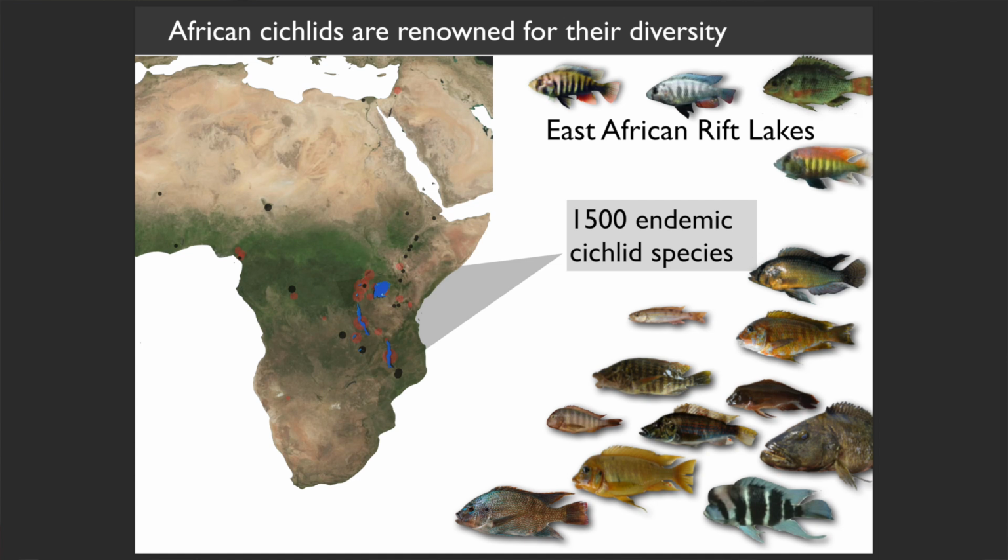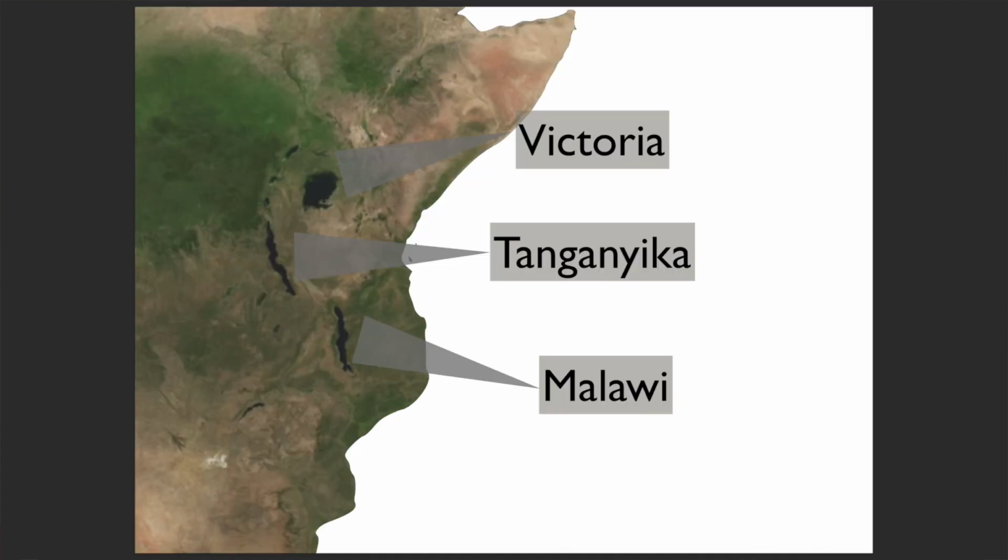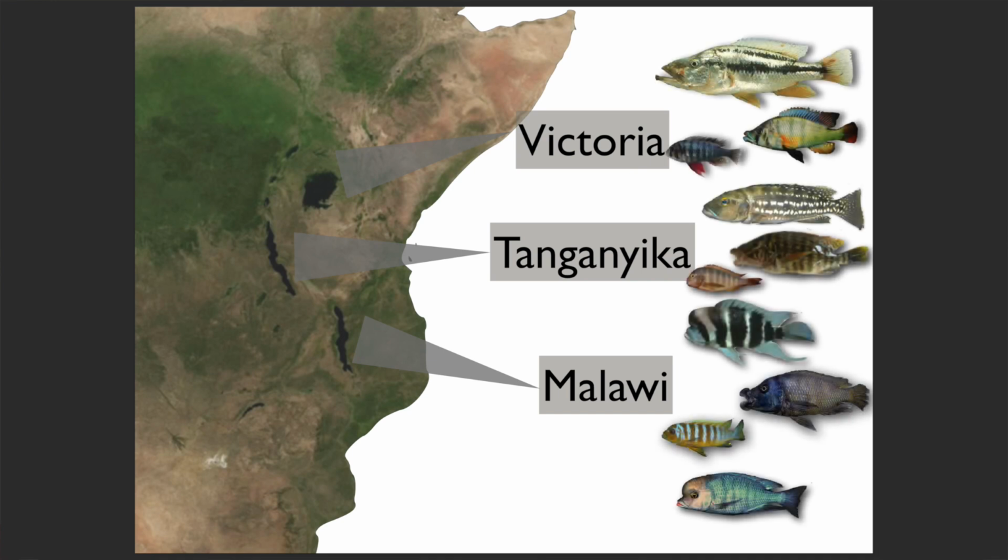In the three Great Lakes, Victoria, Tanganyika, and Malawi, there is the independent evolution of hundreds of these cichlid species. In each of these lakes, these fish have exceptional diversity in ecology and in morphology.